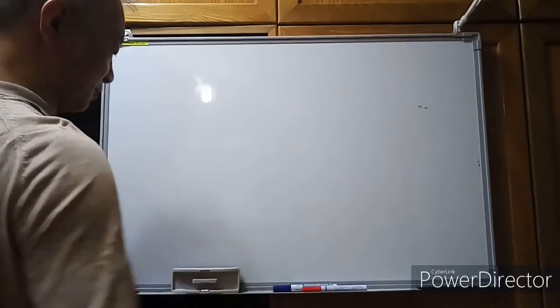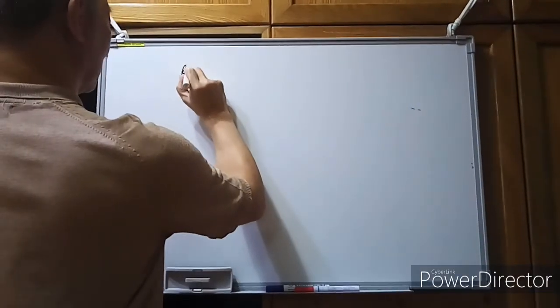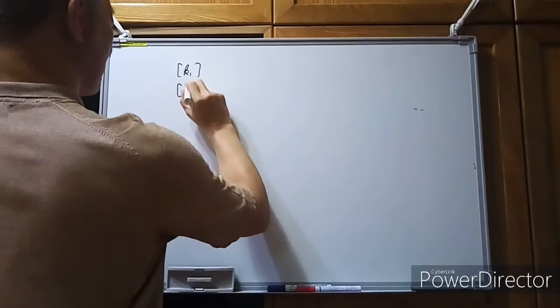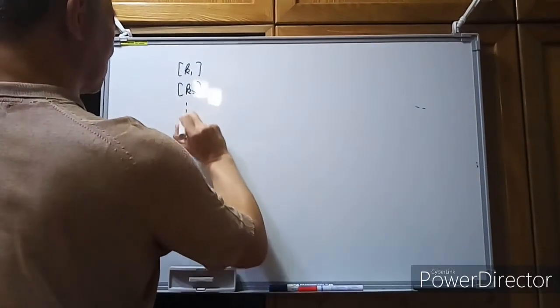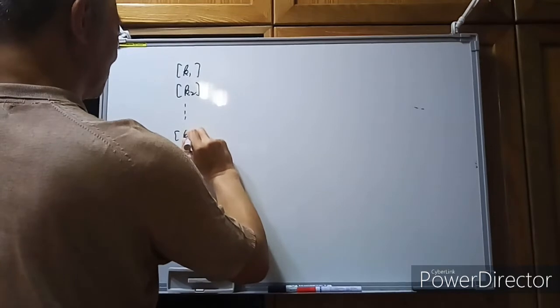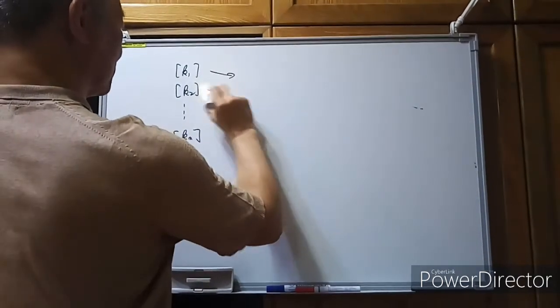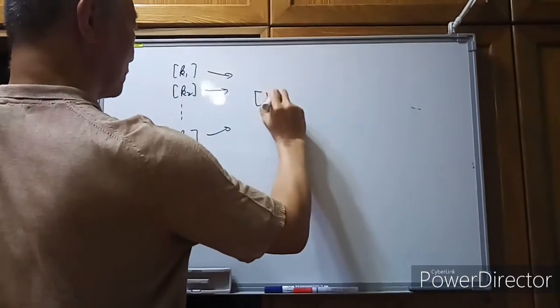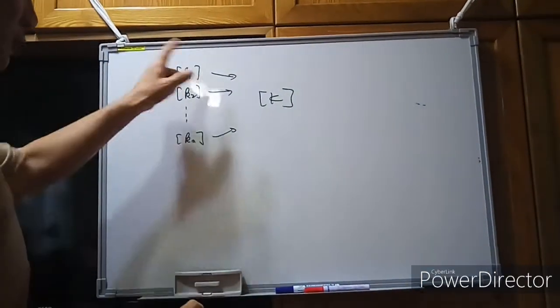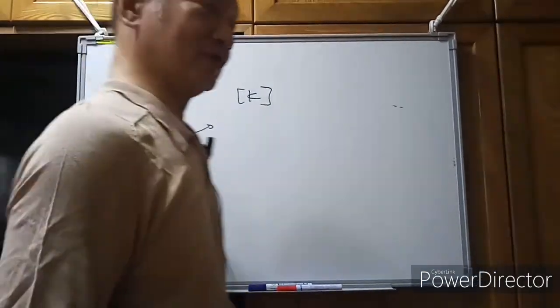The solution procedure: we will calculate K1, K2, the element stiffness matrix of all elements, and assemble them into the global K. So first we need to calculate the element stiffness matrix.